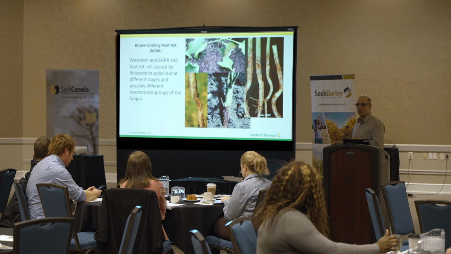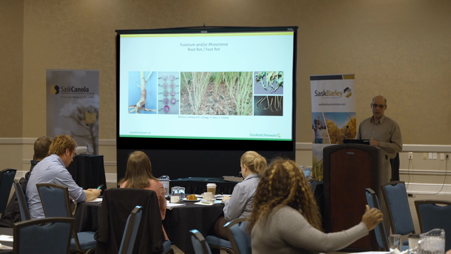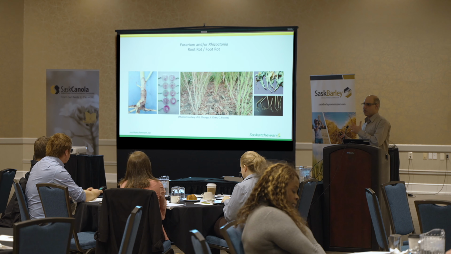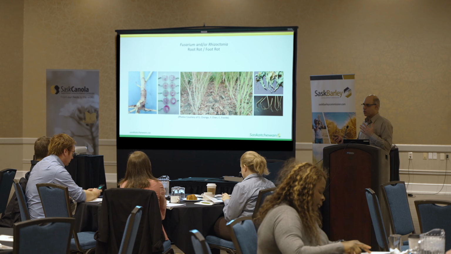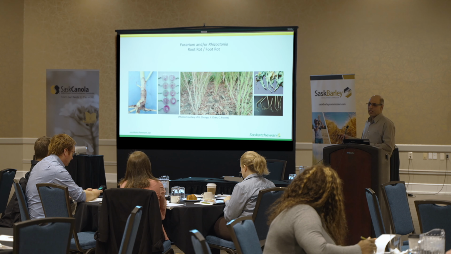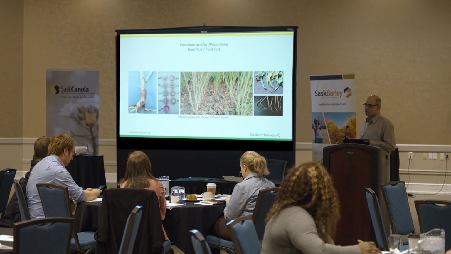We don't know the border between brown girdling root rot and foot rot, because if you get foot rot, you will also get the same rhizoctonia and fusarium. If it is fusarium, the lesions may be pink. Again, these are not common in the province. We only got some samples from producers. We never saw them during the survey.